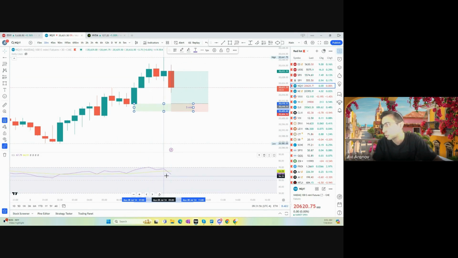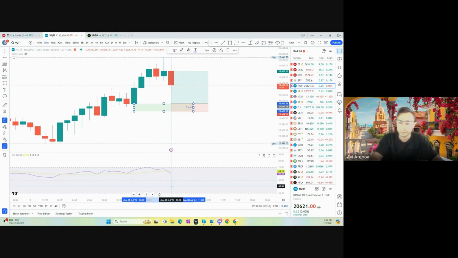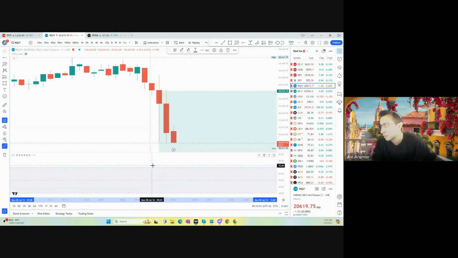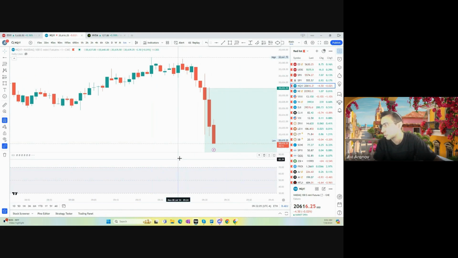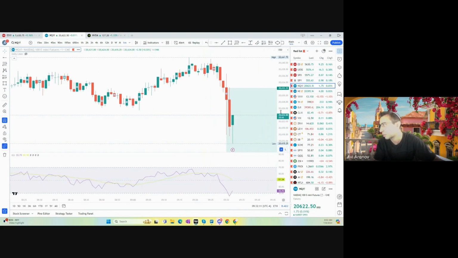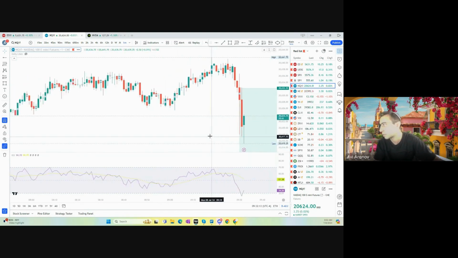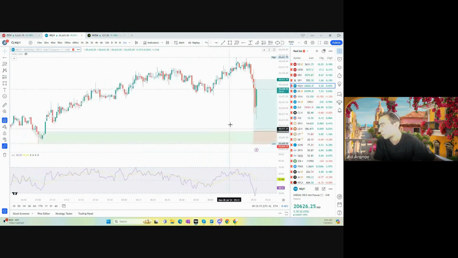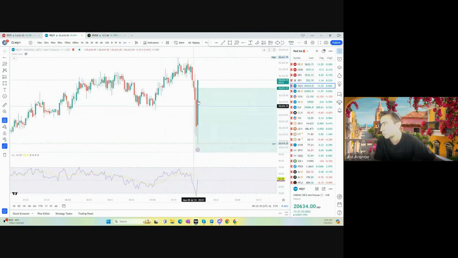In theory, what you see here is that on the RSI, but on the 1 minute, it's still on the sell-off. Look at this rally.